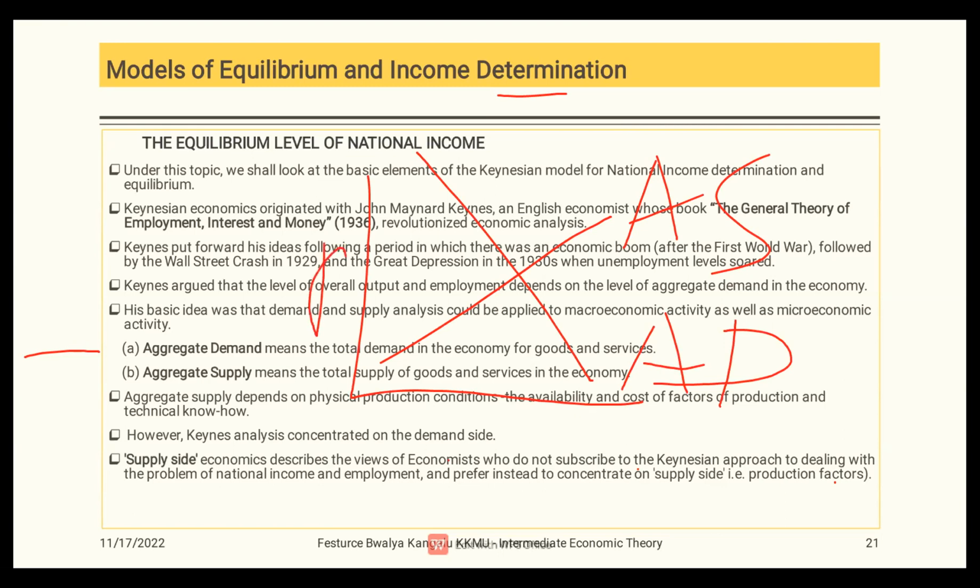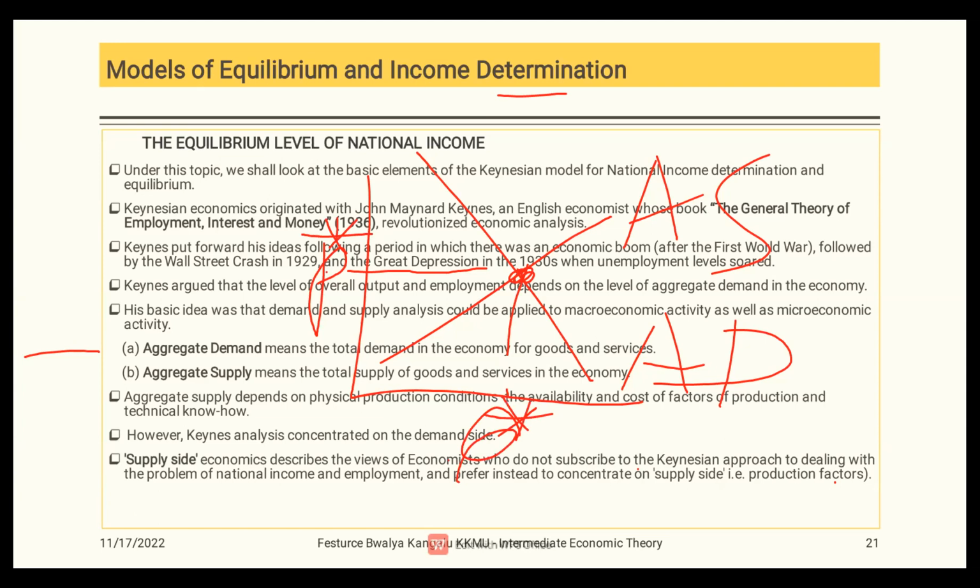Will you please come again on that? When the economy is in equilibrium, aggregate supply and aggregate demand are equal. You have this equilibrium point. At this equilibrium point, this is the price that brings the economy to clear, and this is the quantity that brings the economy to clear.